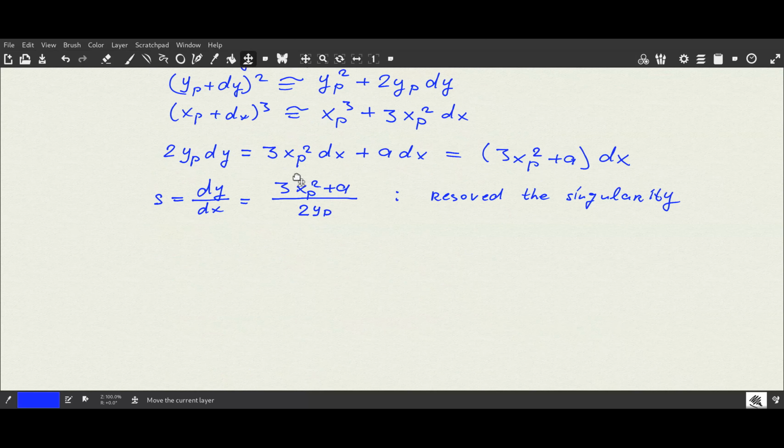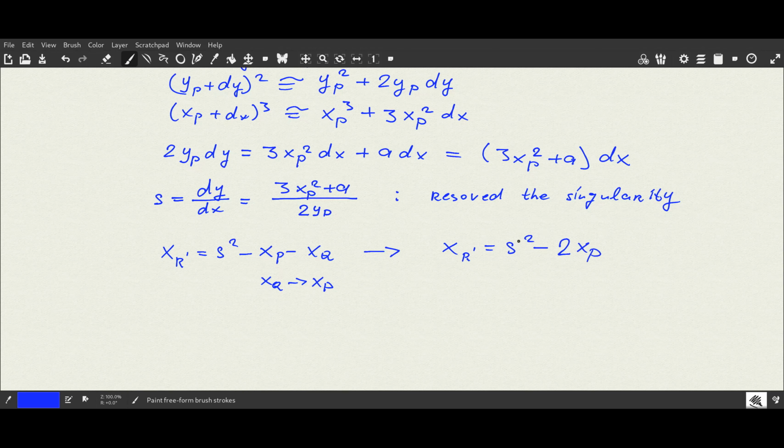So for example, in the original case, we had, if you remember, xr prime equal to s squared minus xp minus xq, but in this case, xq tends to xp, and therefore it becomes xr prime equals s squared minus simply 2 times xp, where s is now given by this expression.